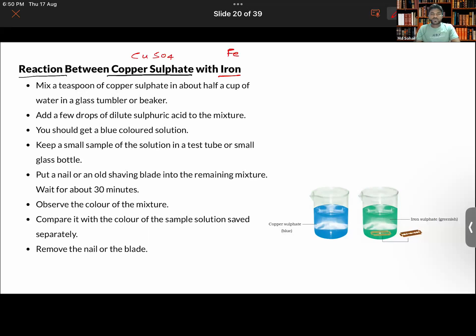In chemistry, we represent elements and compounds with the help of their symbols. The symbol of iron is capital F, small e, right?